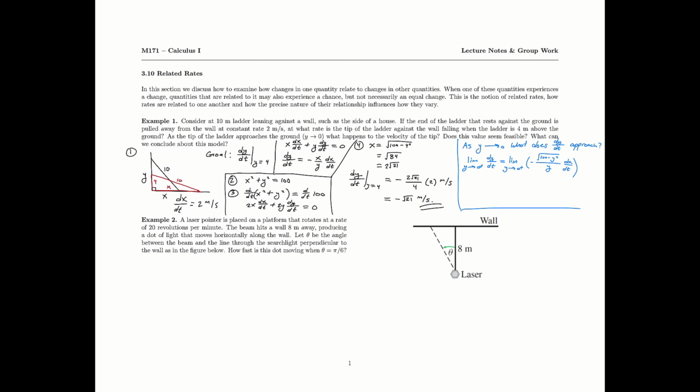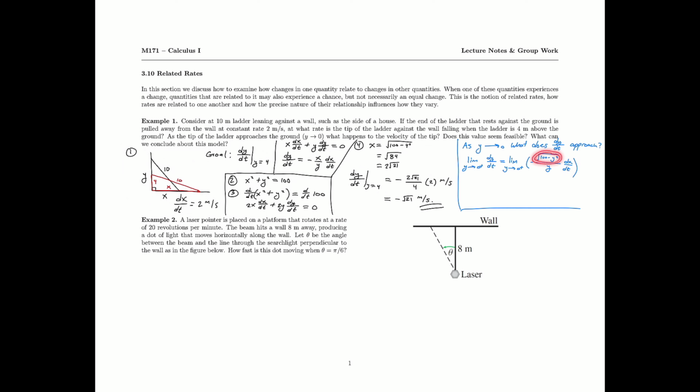But this dx/dt is going to be some constant number, so we don't have to worry about that. There's no y's in this derivative here, so this is just some constant.